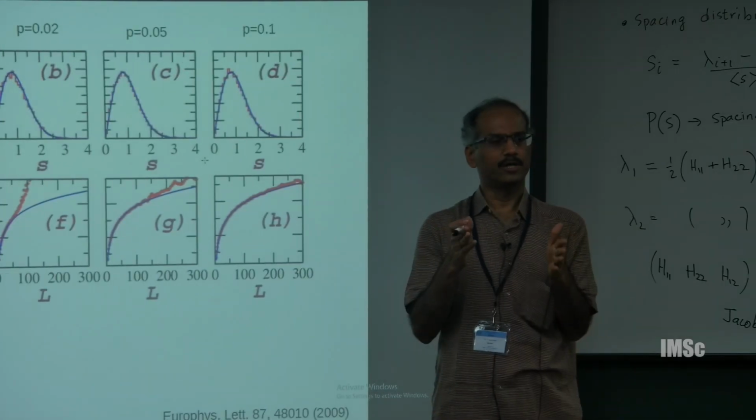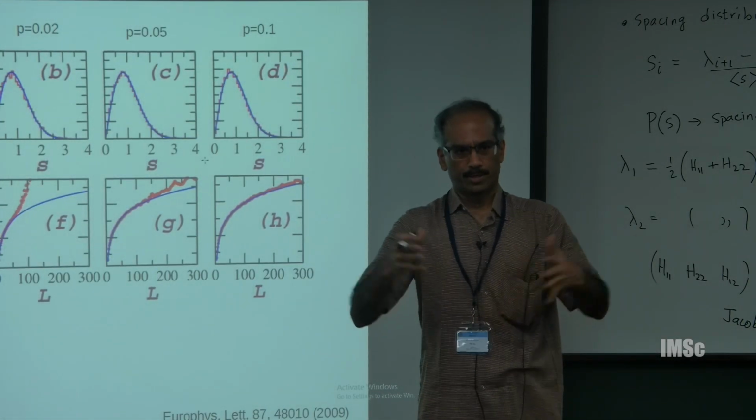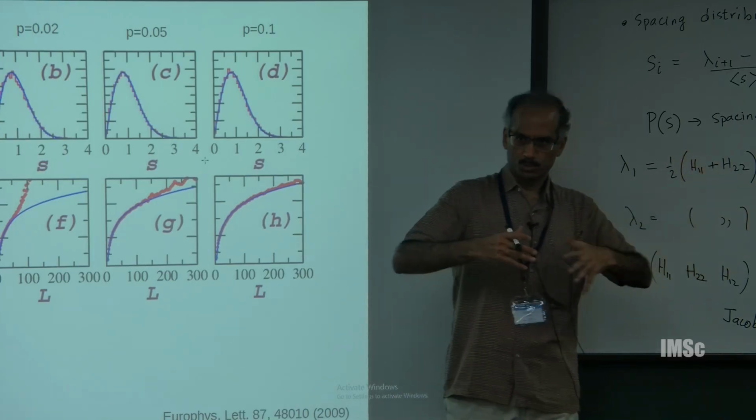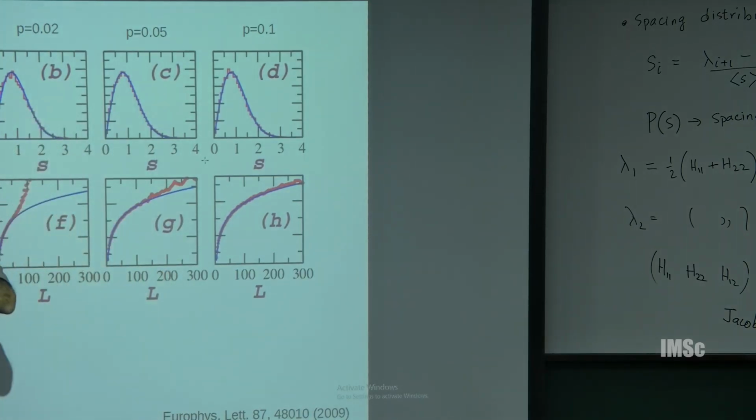So essentially you are looking at the correlation between nearest neighboring eigenvalues, but you need not stop with that. You could explore the correlations among eigenvalues which are far off from one another. There are random matrix predictions for that, but if you are sufficiently motivated by this, you can go and look up the books.